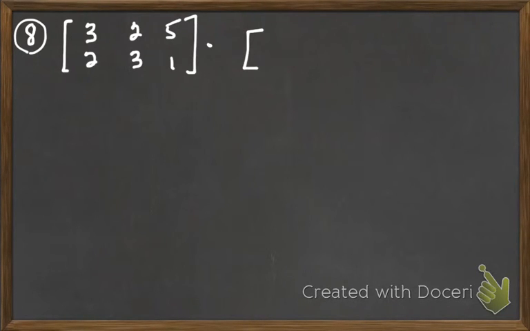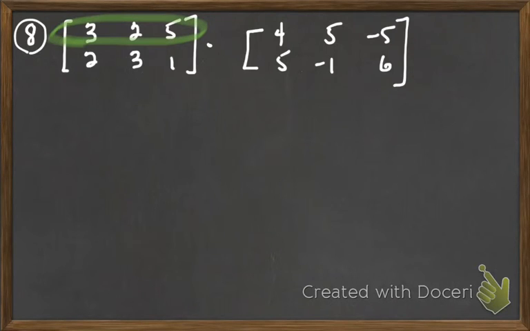When you start to multiply, if you know the process, you're going to understand it just won't work. So the process is take the numbers in the first row and multiply them times the numbers in the first column. And y'all see why that just won't work in number 8.